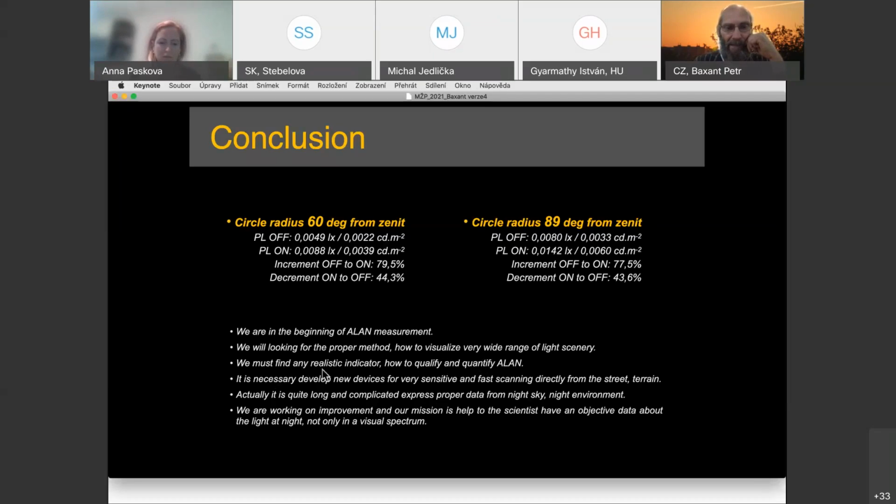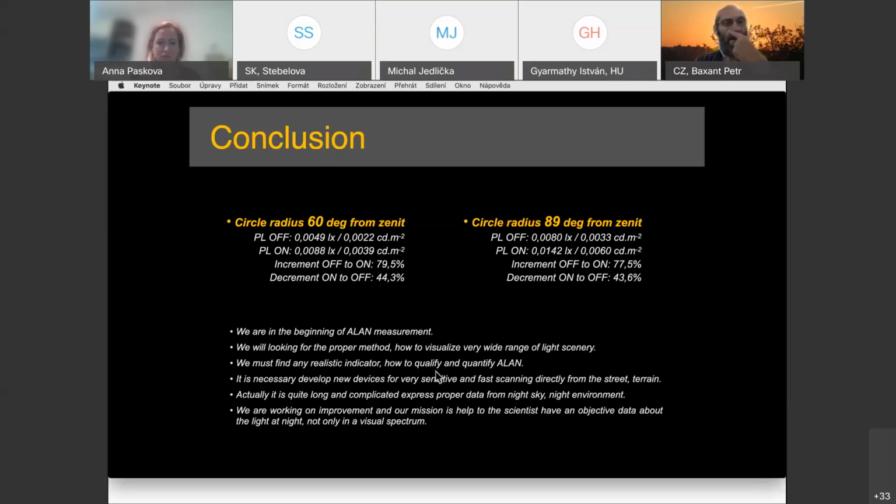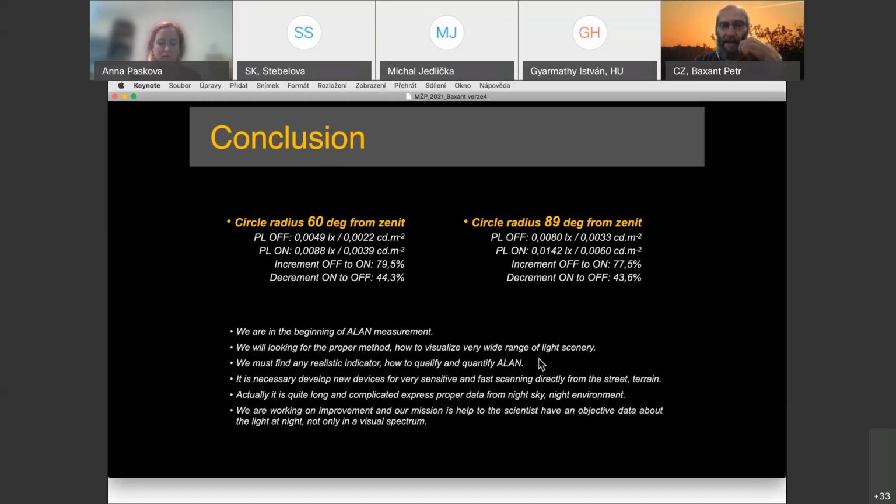We must find a realistic indicator to quantify or qualify artificial light at night. We were looking for an indicator which can be maybe similar to the UGR indicator for disturbing glare. It is necessary to develop new devices for very sensitive and fast scanning directly from the street terrain.